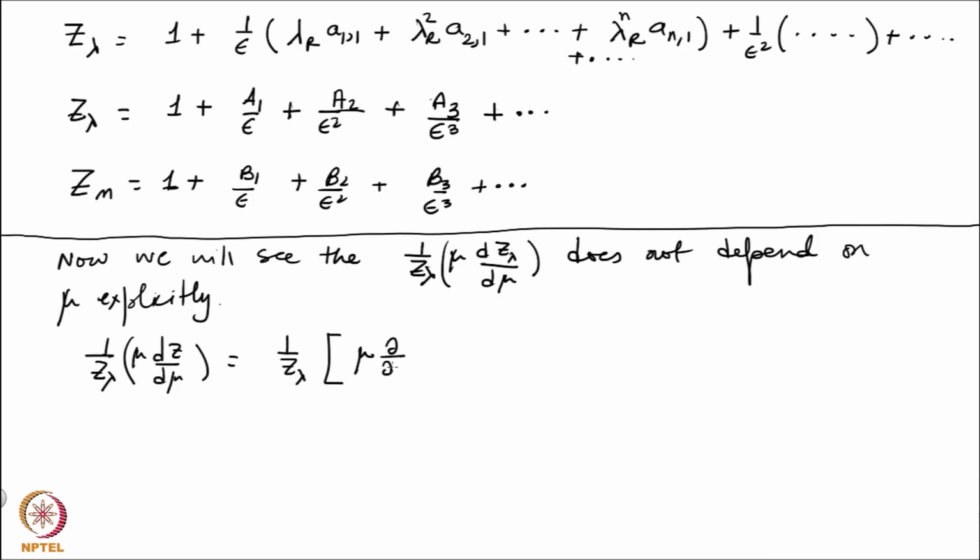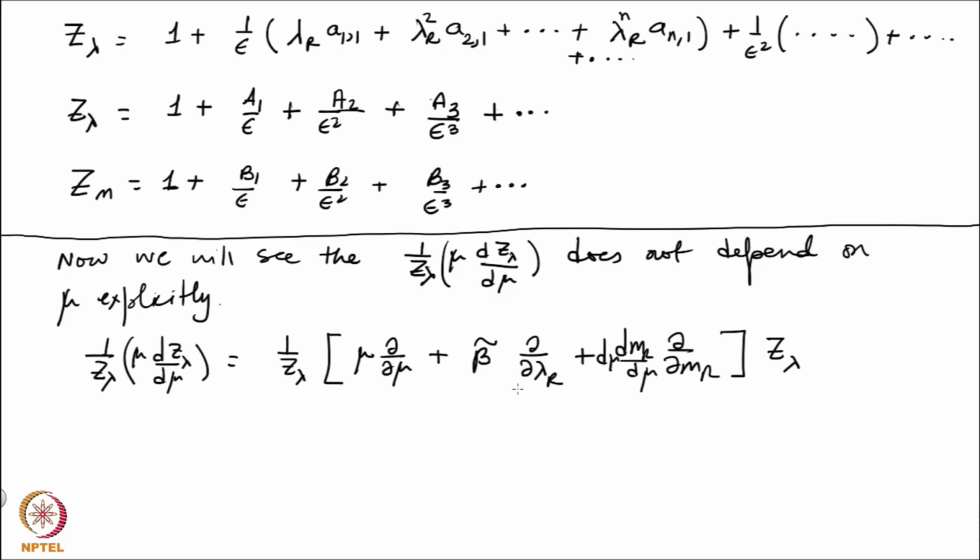So mu del over del mu plus del over del lambda r times mu d lambda r over d mu, and that is what is called beta tilde, okay, plus del over del mr dmr over d mu acting on z of lambda.